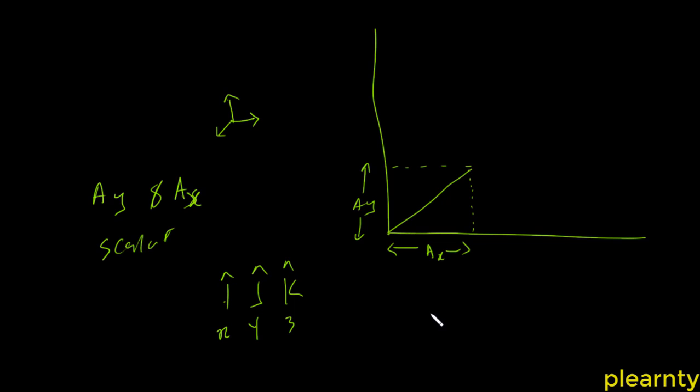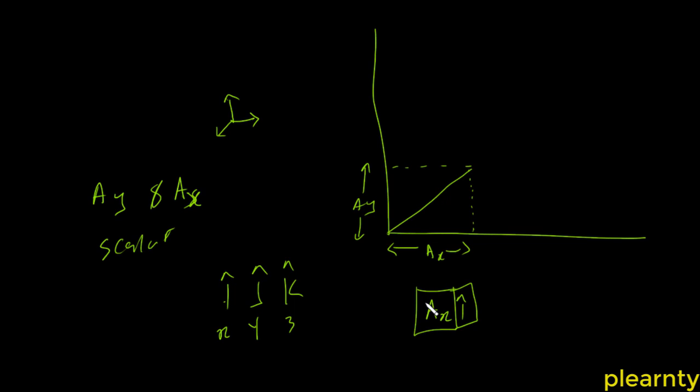So, if you say AXI, that is a vector quantity, because AX, which is the component, is a scalar, but the moment you add this, you already point towards the direction, so that makes it a vector quantity.